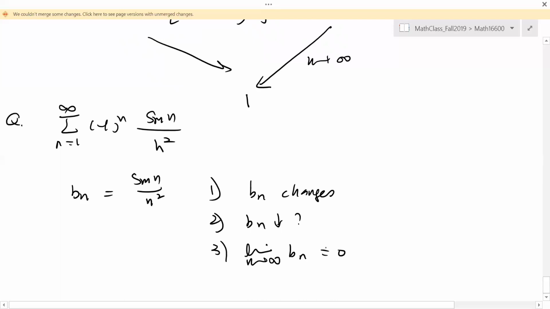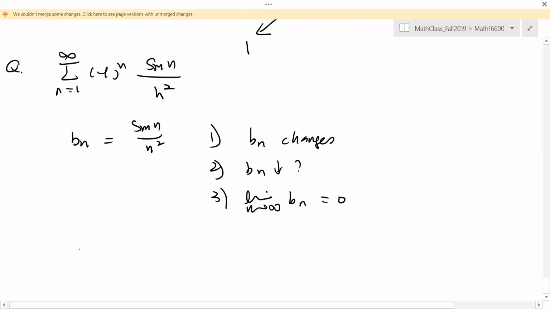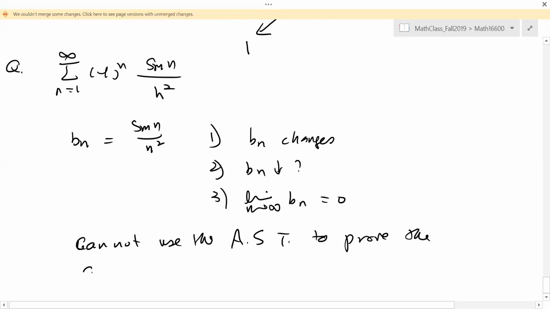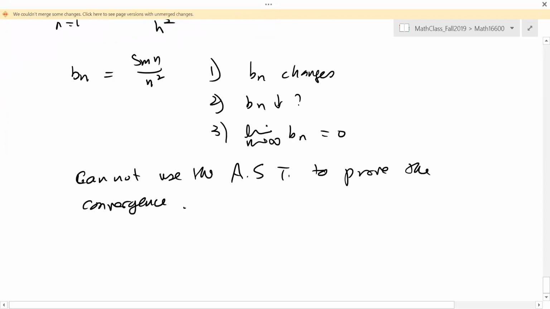So of the 3 conditions listed for the alternating series test, only the last one is satisfied. So we cannot use the alternating series test to prove the convergence. But it is convergent.